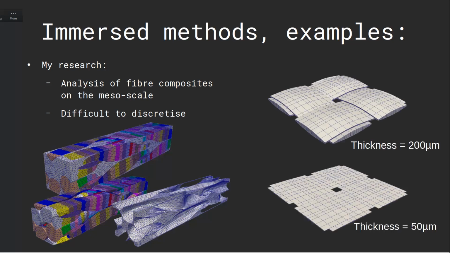Another use case: in many cases, we want to do a parameter study of the meso-scale, for example, change the thickness, and then we don't want to do this manual meshing procedure for each geometry in the parameter space. So then we can hopefully just use the immersed method to generate a discretization for all of them.